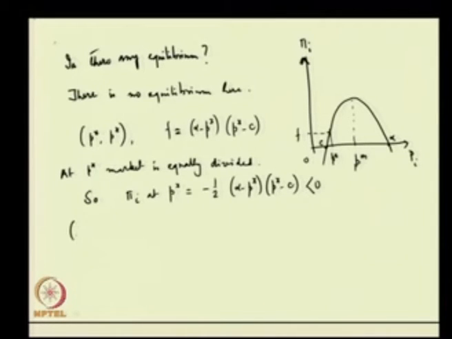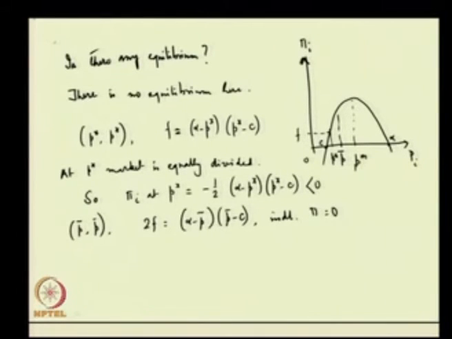Another consideration we could take is this price pair, where this holds. At P bar, if both the firms charge P bar, then their individual profit is 0.